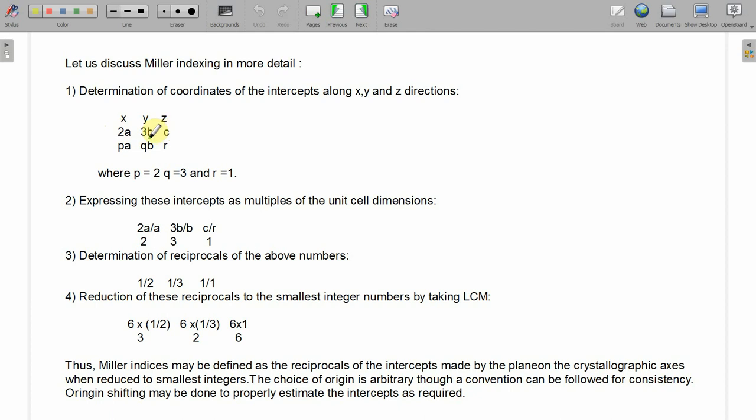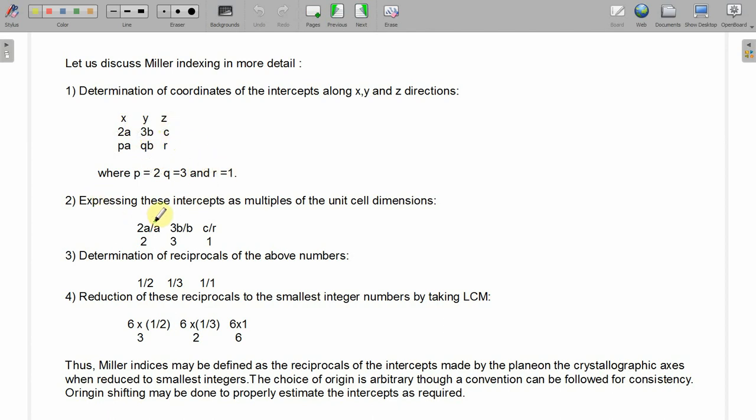That is, the coordinates of the intercepts are represented in terms of the lattice parameters a, b and c. Now, the integer numbers are extracted. In this case, it is 2, 3 and 1. So, it is denoted in terms of the letters p, q and r. So, p is equal to 2, q is equal to 3 and r is equal to 1.